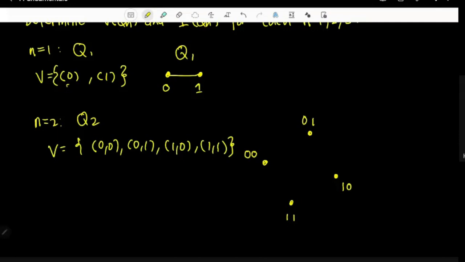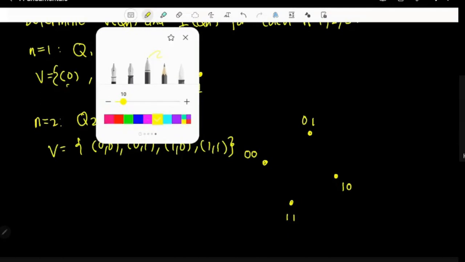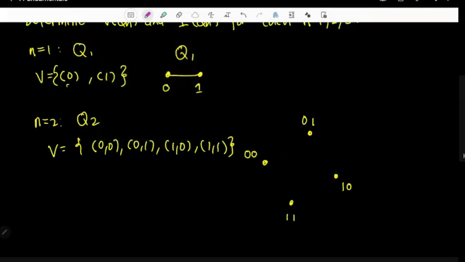For example, 0, 0 and 0, 1 differ only on the second coordinate. So, there should be an edge joining them because they differ on the second coordinate. 0, 0 and 1, 0 differ on both coordinates. So, there is no edge connecting them.